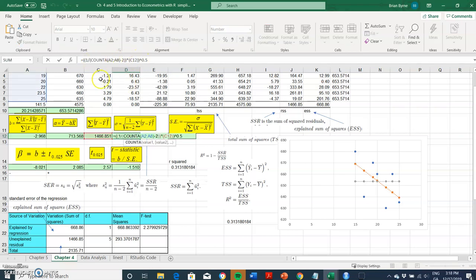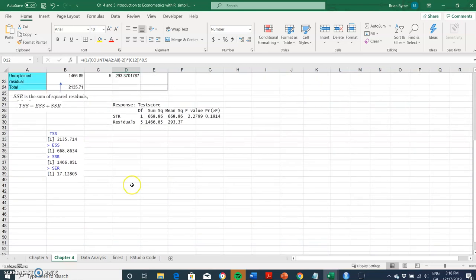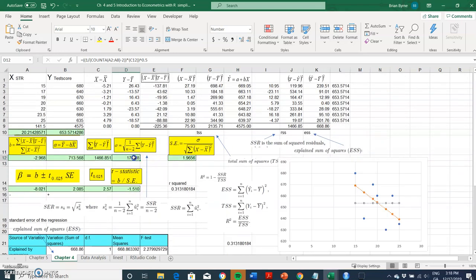We divide by the number of observations, the number of x's that we have here, and we subtract away 2. So 1 over n, 7 minus 2, that's 5. We divide 5 into this number here, take the square root, and we get the standard error of the regression. Now, ultimately, we want to take that value.